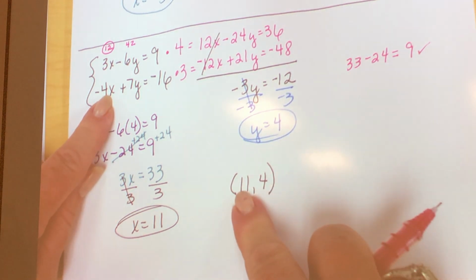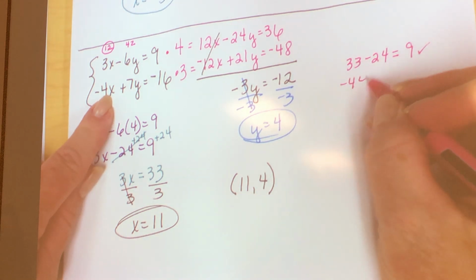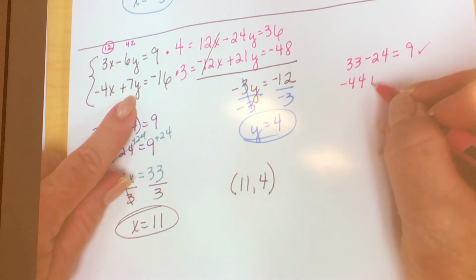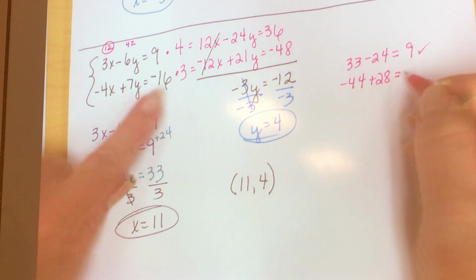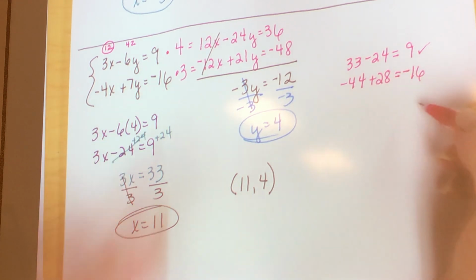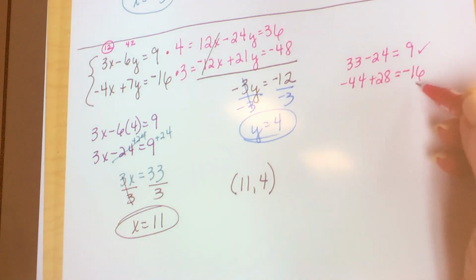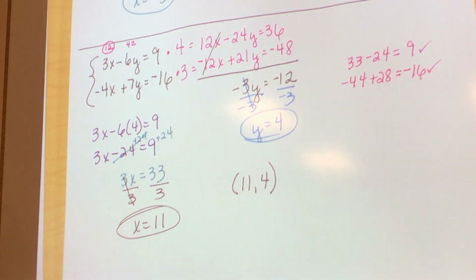Check this one. Negative 44 plus 28 is supposed to be negative 16. And 16 and 28 do make 44. So it is. Okay, anybody got a question?